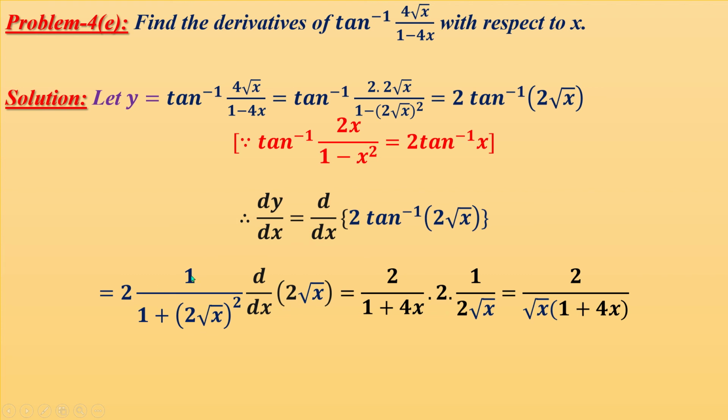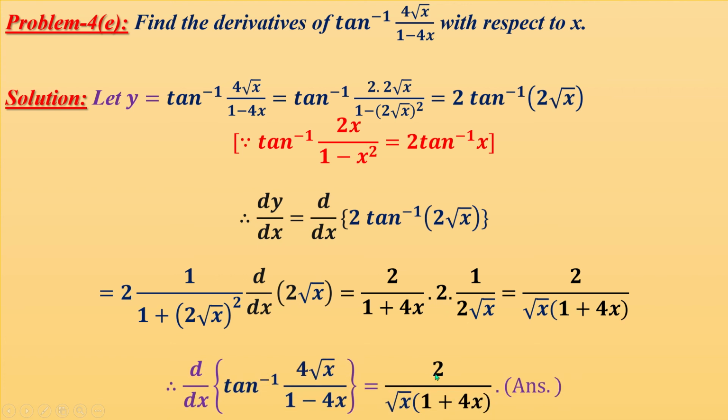This is equal to 2 into 1, that is 2, divided by 1 plus 4x, and here we can take 2 out of the derivative, that means 2 into the derivative of root x, which is 1 by 2 root x, 2 cancels, so this is equal to 2 divided by root x into (1 plus 4x). This is the required answer. Clear?